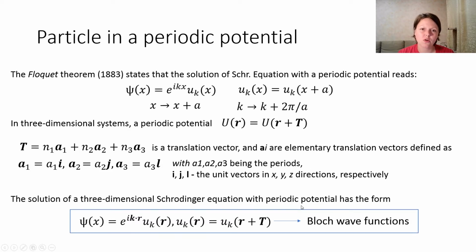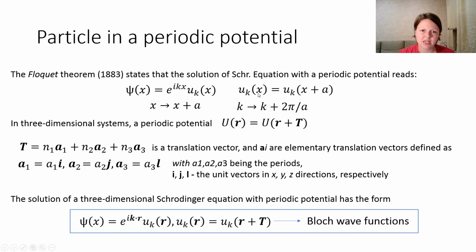The solution for this Schrödinger equation with the periodic potential is given by the Floquet theorem in this form. It means that the wave function is a plane wave with an amplitude modulated in accordance with the periodicity of the potential U and the period a.